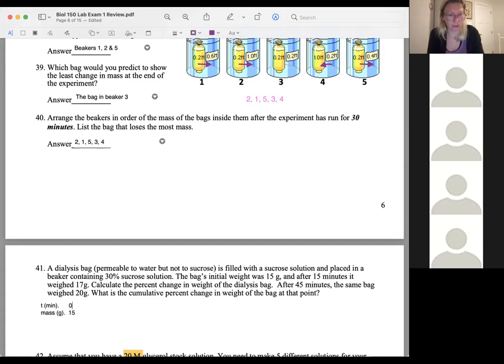So at time 0, our bag weighs 15 grams. Then at 15 minutes, it weighs 17 grams. And then at 45 minutes, it weighs 20 grams.